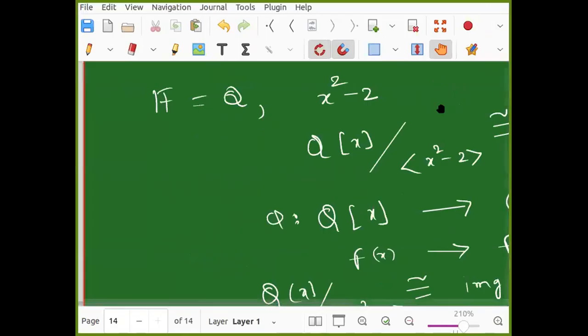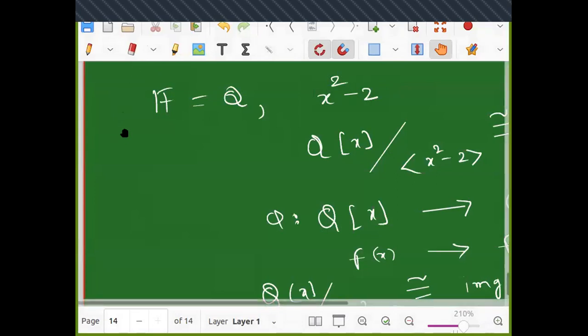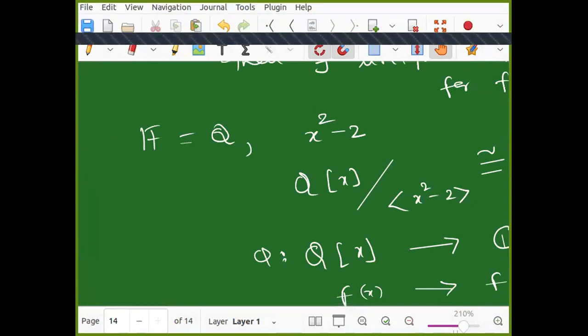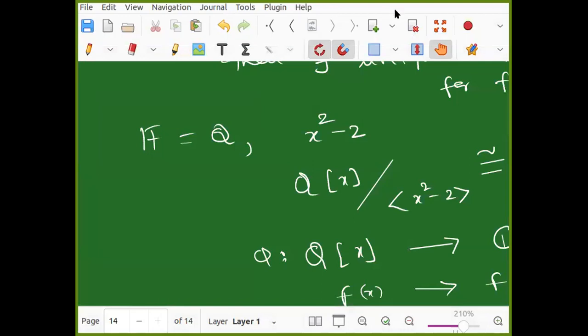Sorry. Yeah. So now what is the splitting field for this one now? Q adjoin root 2. You can see.